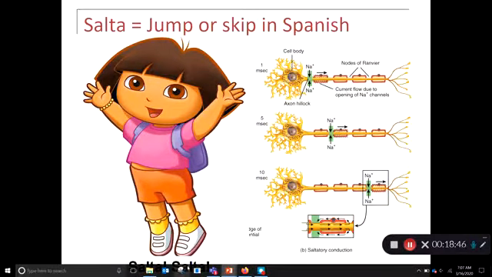Look, it says salta, salta there. Salta literally means jump or skip in both Latin and Spanish. Go ahead, do it. Salta, salta. You know you want to. Let your little inner child come out. Salta, salta. Jump. Anyways, that is what it's referring to. You are skipping along that neuron.